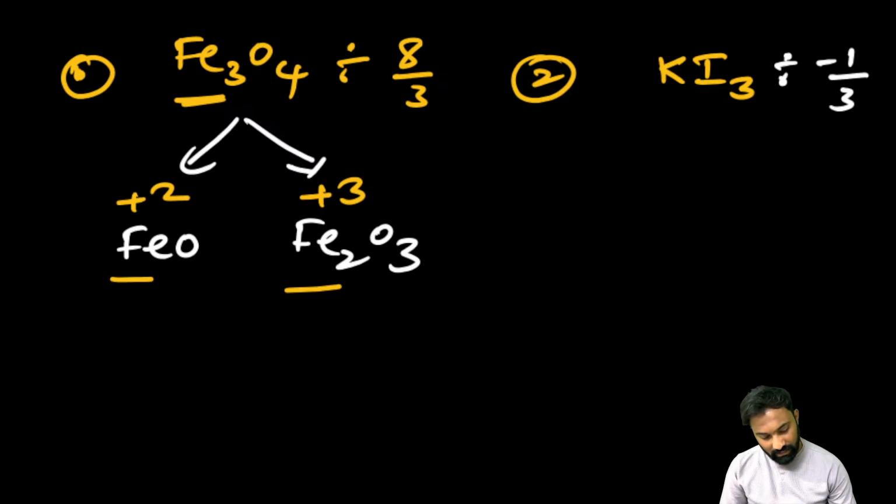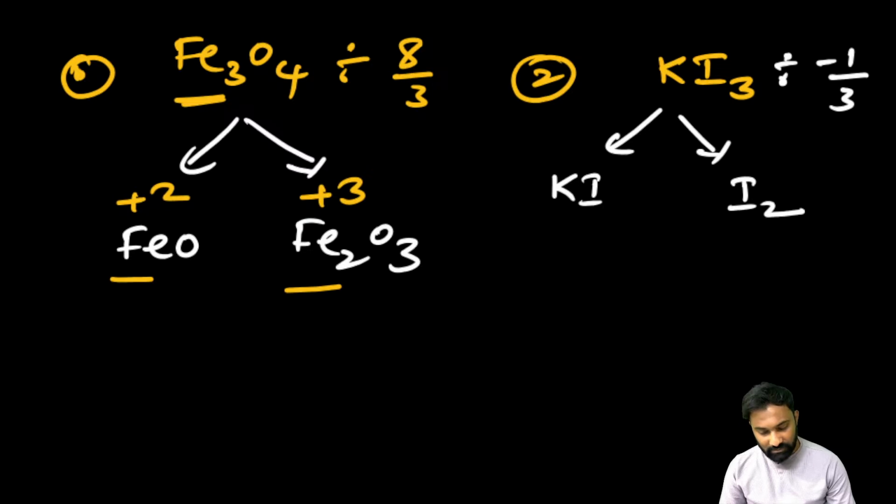But this KI3 will exist in nature as KI as well as I2. Here in the KI, the iodine oxidation number is minus 1. And here the iodine oxidation number is which one? 0. Because it is present in its stable state. Next.